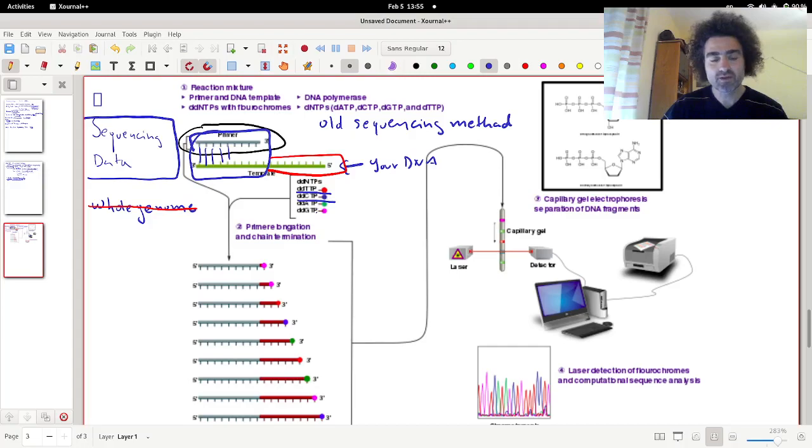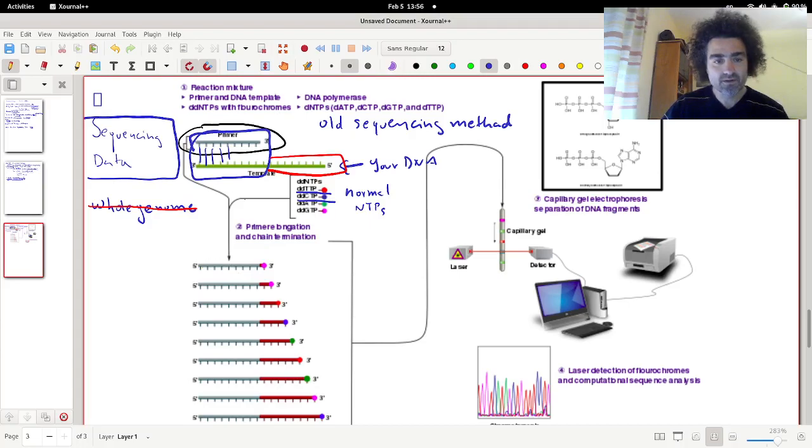This is just an example here. Of course in the mixture you put some normal NTPs as well, normal nucleotides. Okay, how this works then is the following.